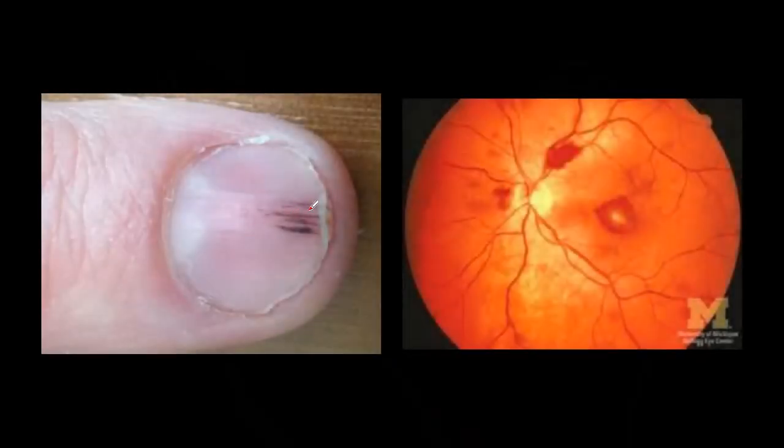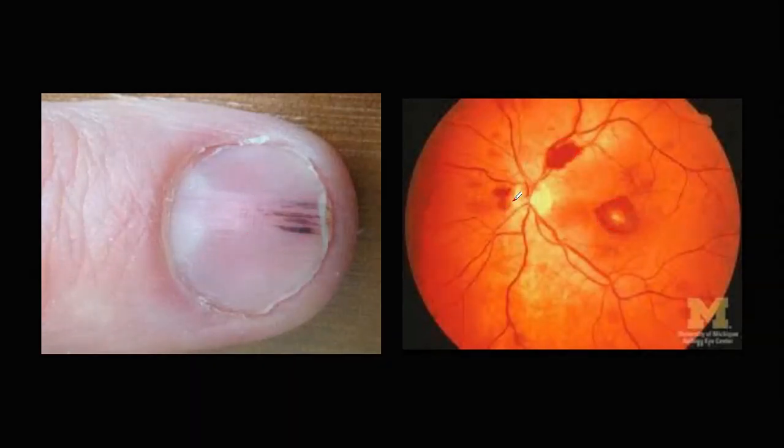This is the splinter hemorrhage, or the nail bed hemorrhage. Here you can see the retinal hemorrhages, the so-called Roth spots. When you conduct a fundoscopy, you will observe the Roth spots.